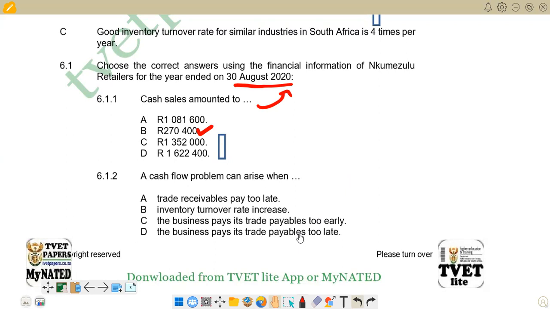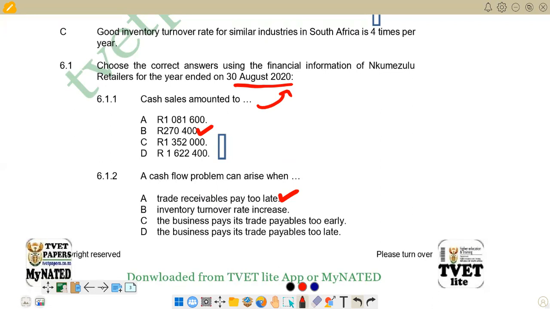But on the other hand, it's also not a good position, because when we pay too late, we might attract some interest, and it might be a problem again. But it's not directly linking ourselves to the cash flow problem. Then the same as C. So A is the most appropriate there, and we can indicate our A as the most appropriate.